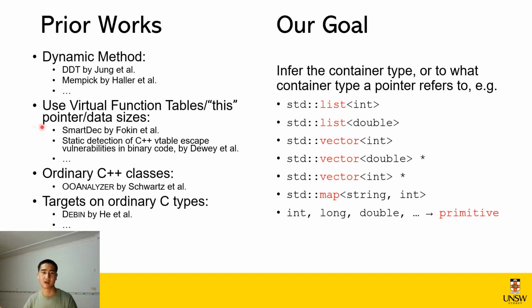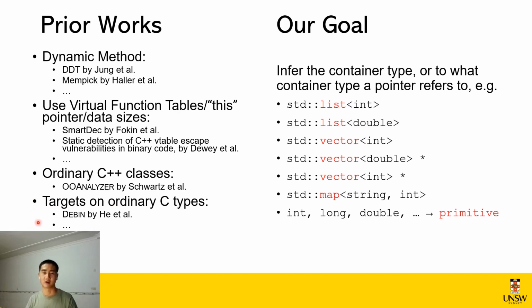Some use virtual function tables, this pointers, or data size information to recover C++ classes, for example, SmartDec or the work on static detection of C++ vtable escape vulnerability in binary code. Some of them focus on ordinary C++ classes. They regard variables that use the same set of member functions as the same class, for example, OAnalyzer.